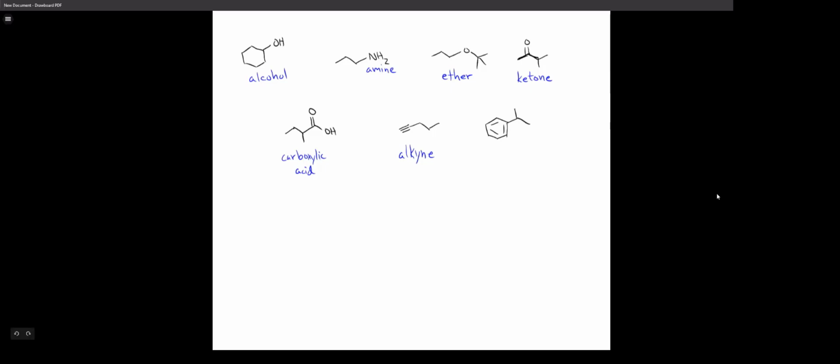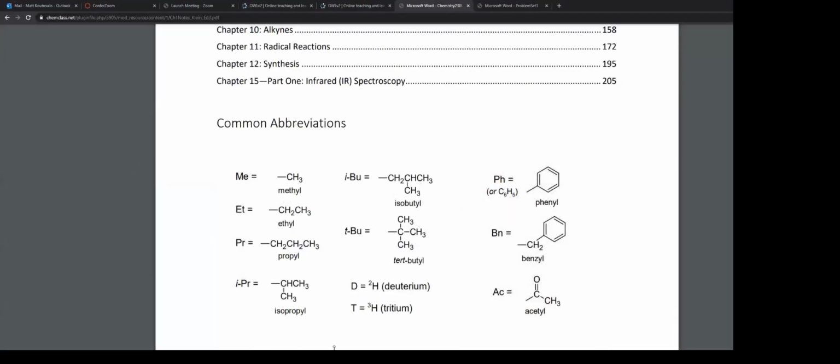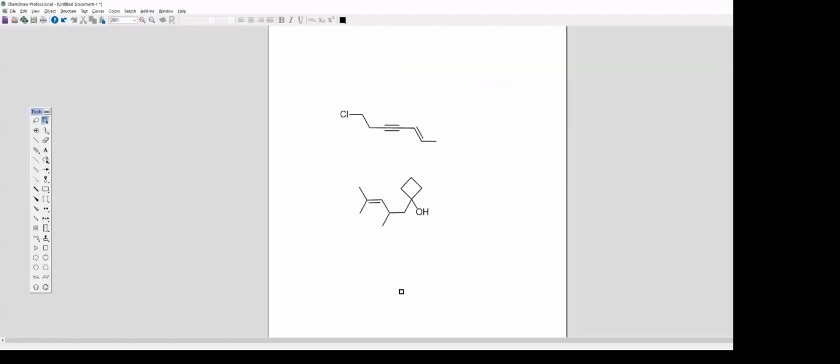How about this? This is aromatic. It's got a benzene ring. One very important term, and then we'll go for a break. It's important because it'll come up in lab today, and I'll say it again in lab.